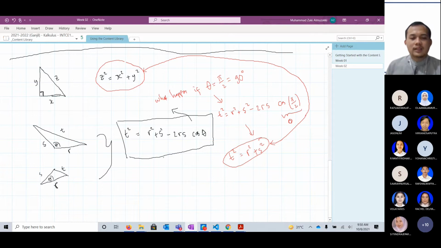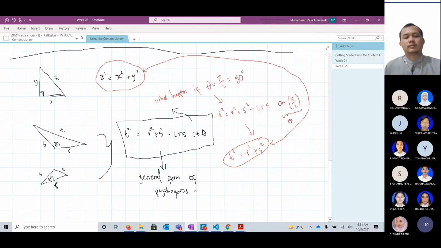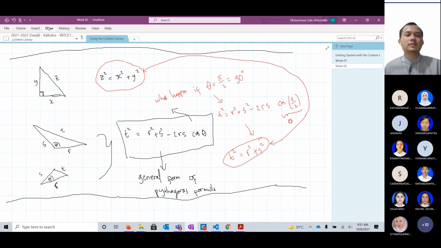In this case, we can say that this is the general form of Pythagoras. So if you know this law of cosine, you will get the Pythagoras formula easily.